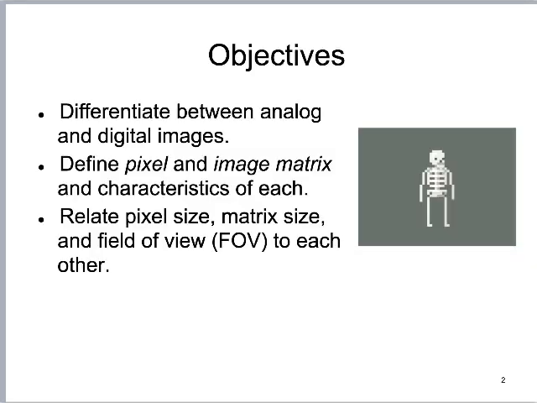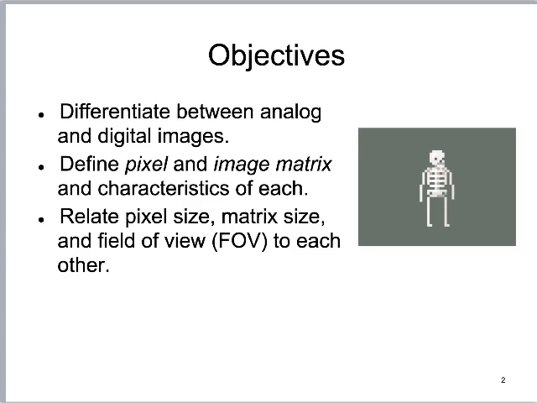Spatial resolution. So the objectives for this presentation are to understand, and we'll review, the distinction between analog and digital. A few folks have been emailing about it, and I want to make sure we're clear on that before we move forward.